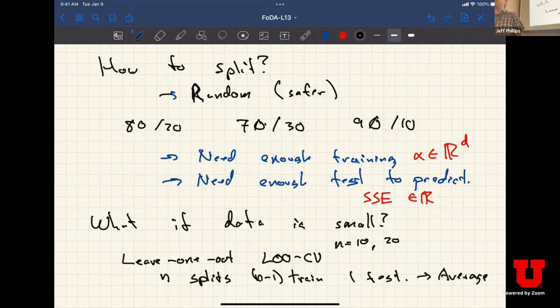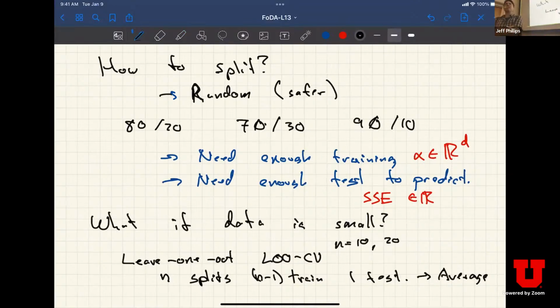You can do other versions of this, like 10-fold cross-validation, where I split the data into 10 different sets, each is 10%, and I always train on the 90% and evaluate on the 10%.